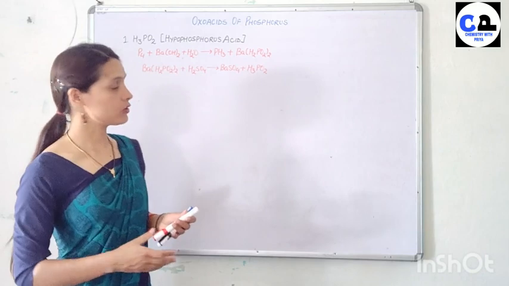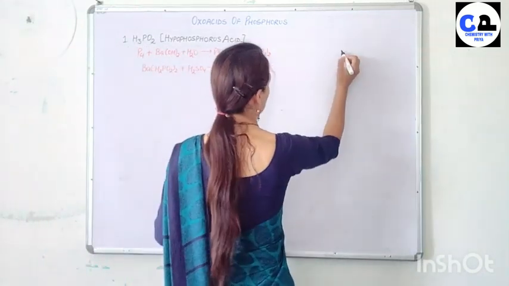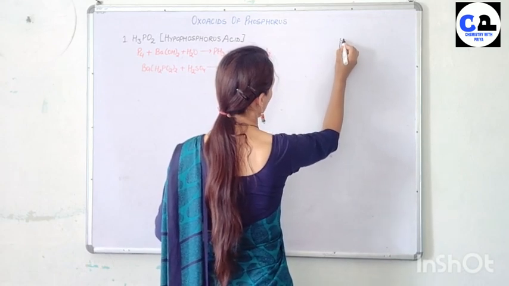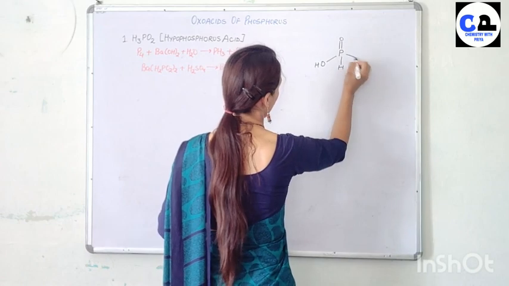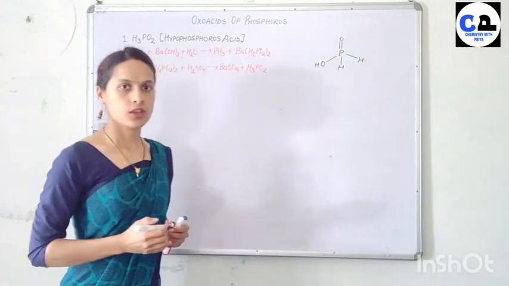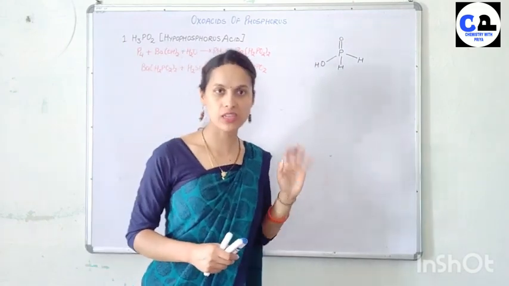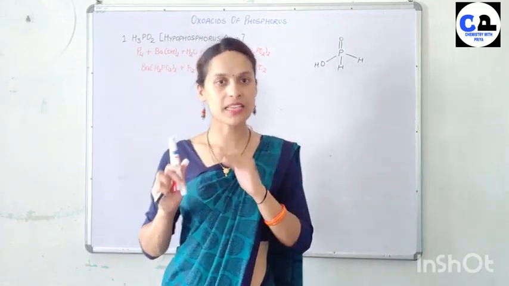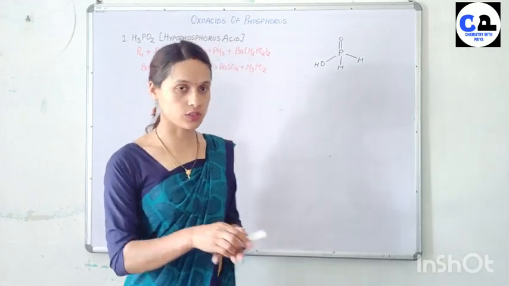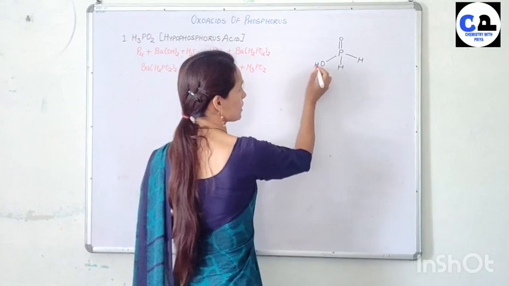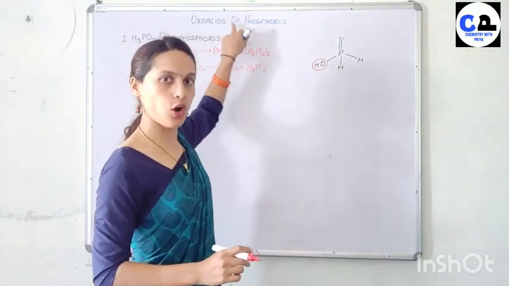Now, the structure of H3PO2 is P double bond O, OH, H and H. So in this structure, it is clear that though we have 3 hydrogen, the replaceable hydrogen is only 1, and that hydrogen is attached with the oxygen. That's why it is an oxoacid.